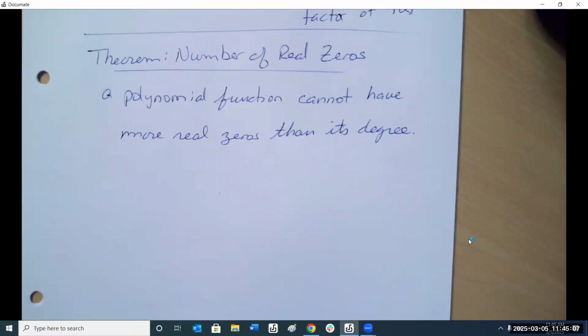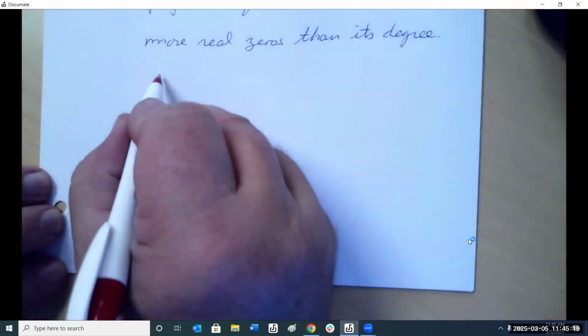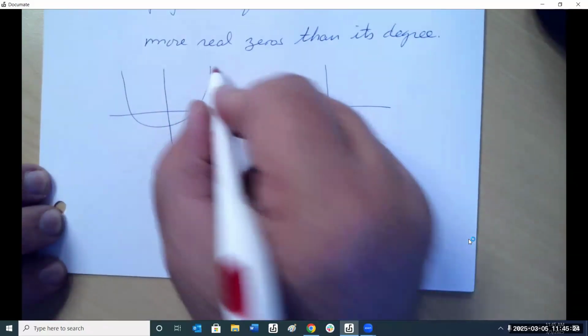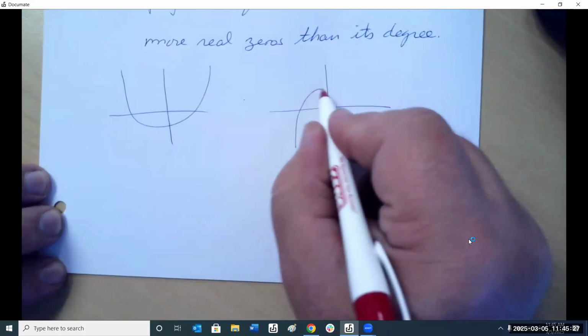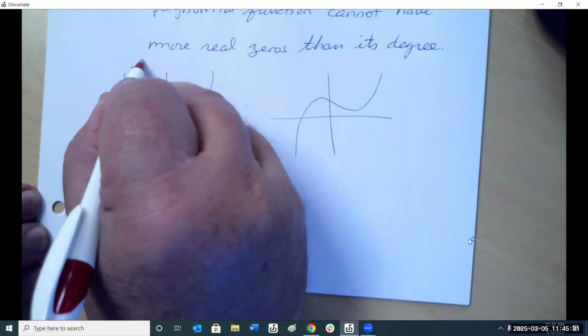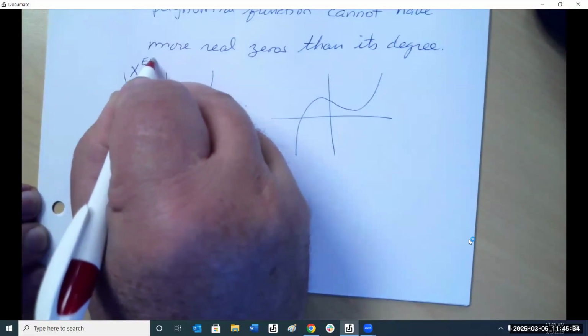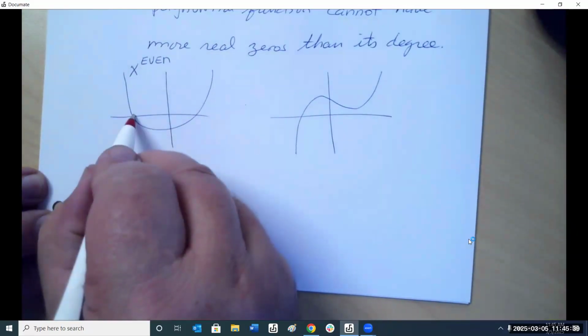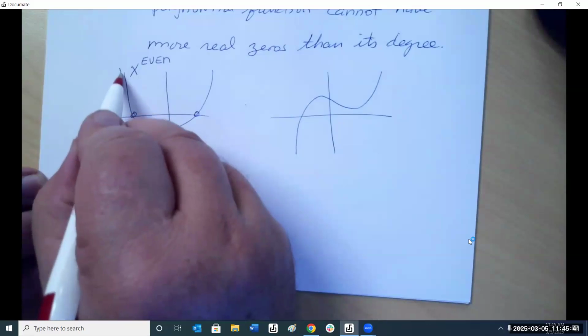The trick question: does a polynomial function have to have any real zeros? If your degree is even, you can have up to n, or you can have none.